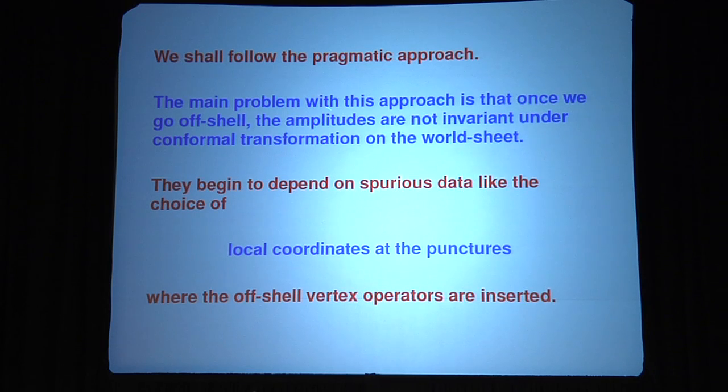The main problem with this pragmatic approach is that once we go off-shell, the amplitudes are not invariant under conformal transformation on the worldsheet. In particular, they begin to depend on spurious data like the choice of local coordinates at the punctures where the off-shell vertex operators are inserted. Whereas in a genuine string theory, we expect that everything should be independent of the choice of worldsheet coordinates, or equivalently the choice of metric on the worldsheet.